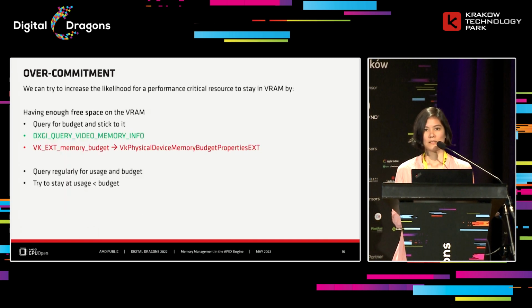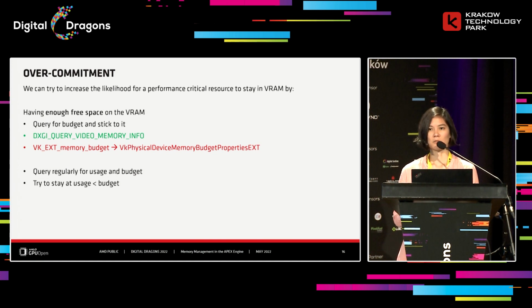So really, the thing is, we can't control it. We cannot prevent migrations. So the real question is, how can we increase the likelihood that performance-critical resources stay in video memory? And to increase the likelihood, the most important thing for you as an application programmer is really to make sure there's enough space in the VRAM.